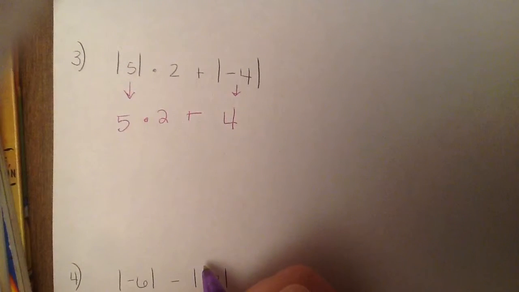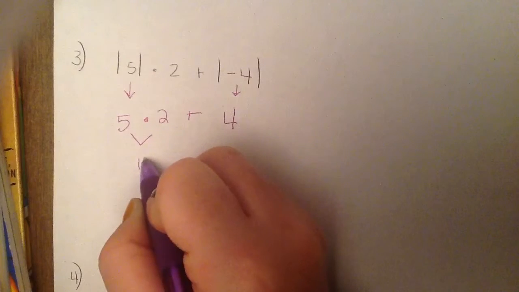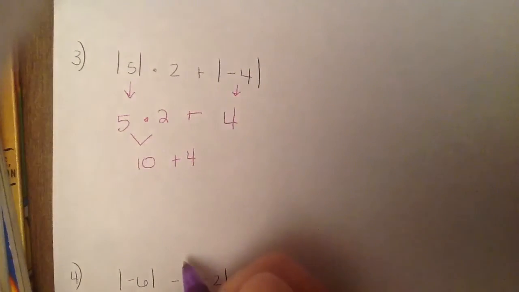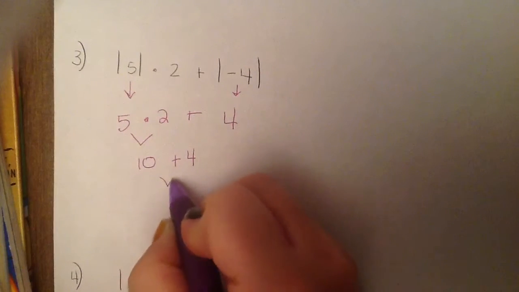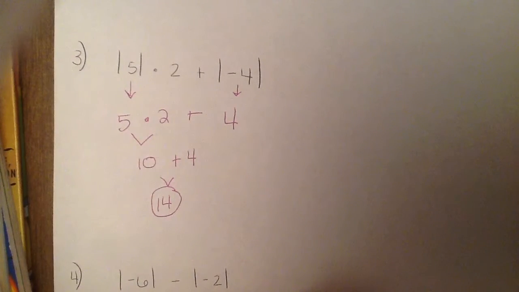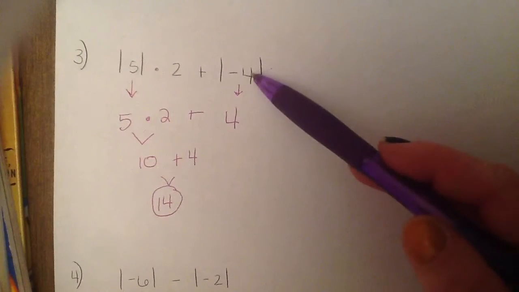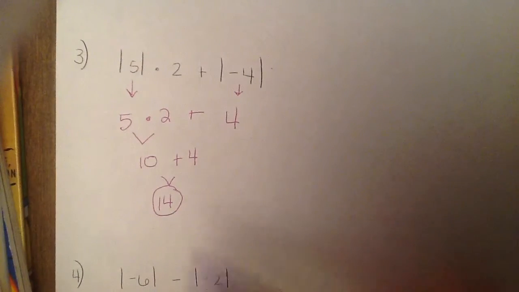Now, using our order of operations, what will we do first? Exactly, 5 times 2 is 10. Bring down the plus 4. 10 plus 4 is 14. Do the absolute value bars first, make whatever's inside positive, and then use our order of operations to solve.